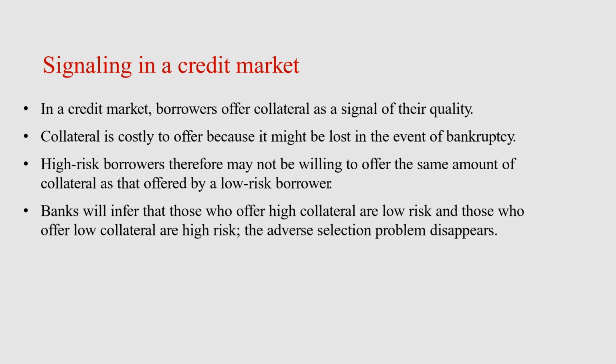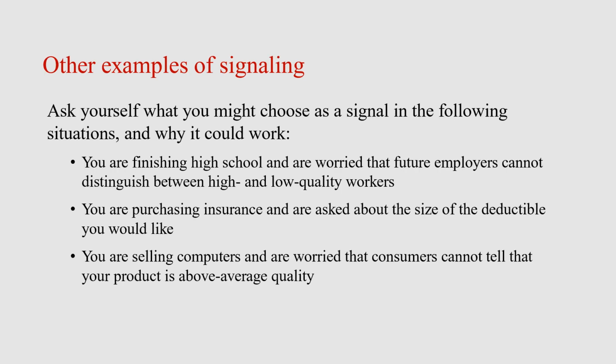And then the adverse selection problem disappears because the person who is offering a small down payment but pays a higher interest rate on the mortgage would be less likely to get into such a situation compared to a person who has a large down payment. They would pay a lower interest rate on the subsequent mortgage. And that's a way that adverse selection is knocked out or at least mitigated.